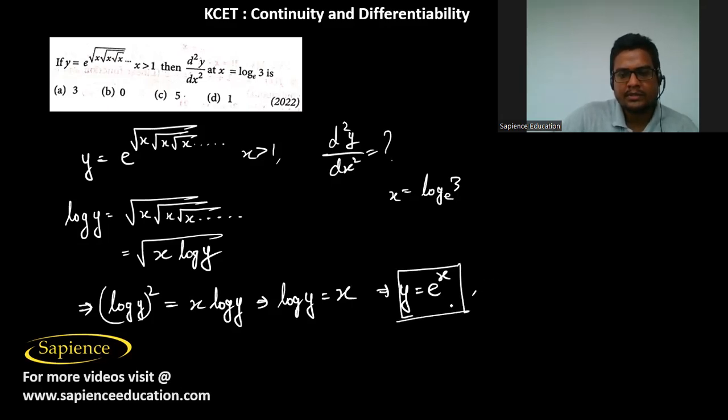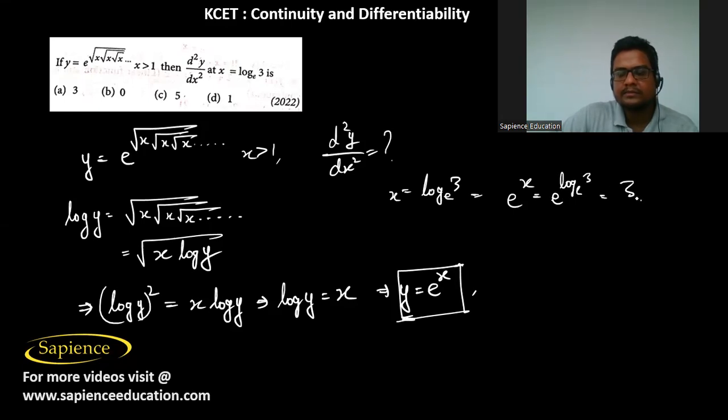Y will be equal to e power x. So it means that now when x equal to log 3 base e, then e power x I can write as e power log e base 3.